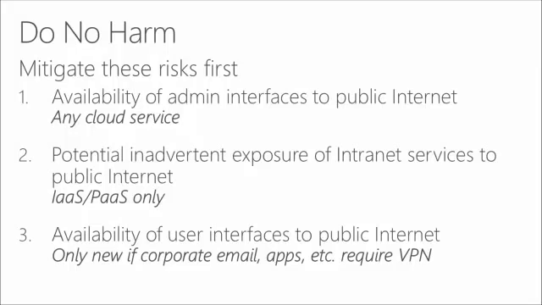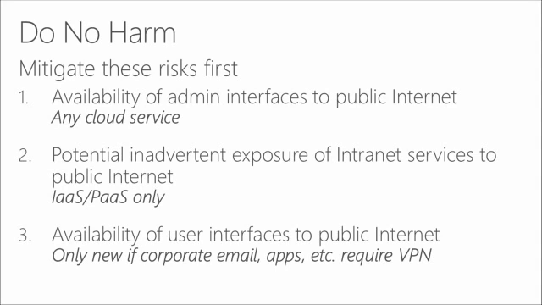So with this do no harm lens, when we look at moving a workload to the cloud, really any cloud service, the one thing that's typically different in most organizations is the admin interface: the ability for the administrator to authenticate with a legit set of credentials, or an attacker to authenticate with a legit set of credentials, or to attempt authentication from the public internet.